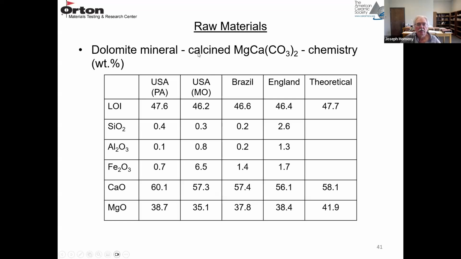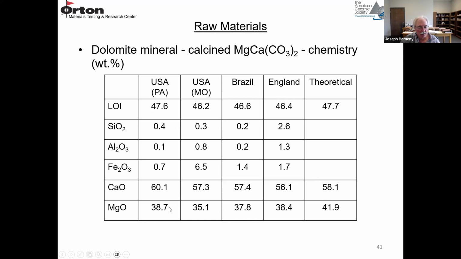These are the same materials plus additional materials that are calcined. So now these are MgO, CaO. These are the loss on ignitions, pretty close to the theoretical value, around 47. These are the lime contents. They're 60, 57, 57, and 56, close to 58.